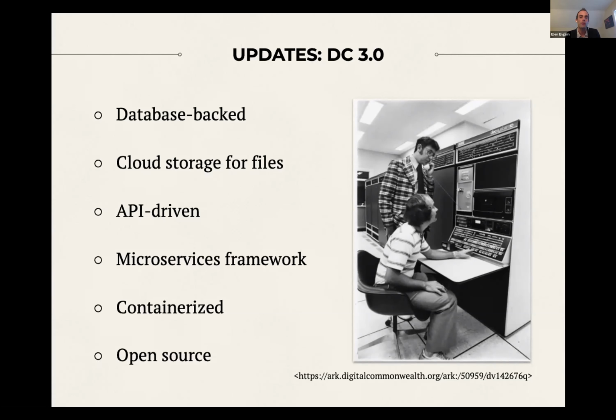And so we have more pieces, but each piece has fewer responsibilities, which will allow us to be a little bit more nimble in the future. And of course, all this is open source, and everything will be available on our GitHub repository.